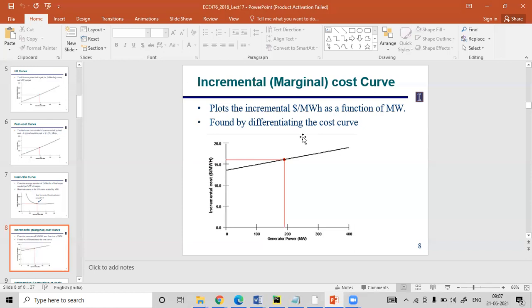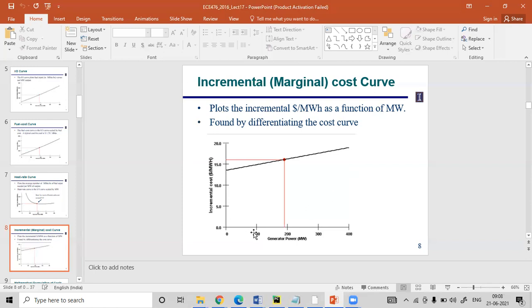Incremental, you can simply understand this is the differential cost, and you will get this function by differentiating the basic cost function. And when you plot this differential cost versus generator power output, you will get this type of curve, and this is known as the incremental cost curve.